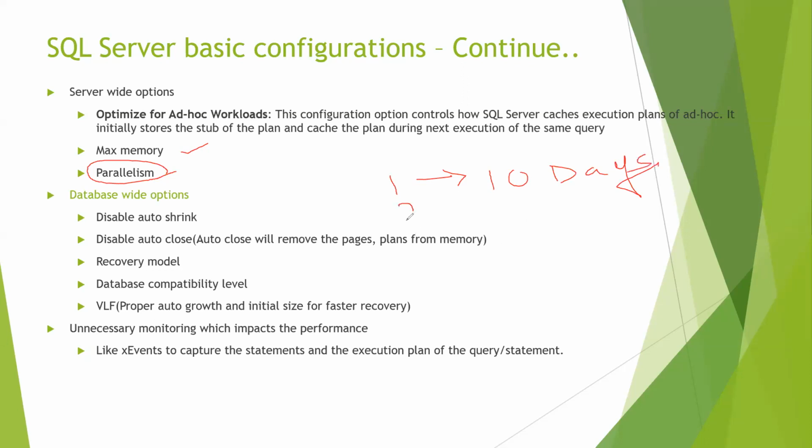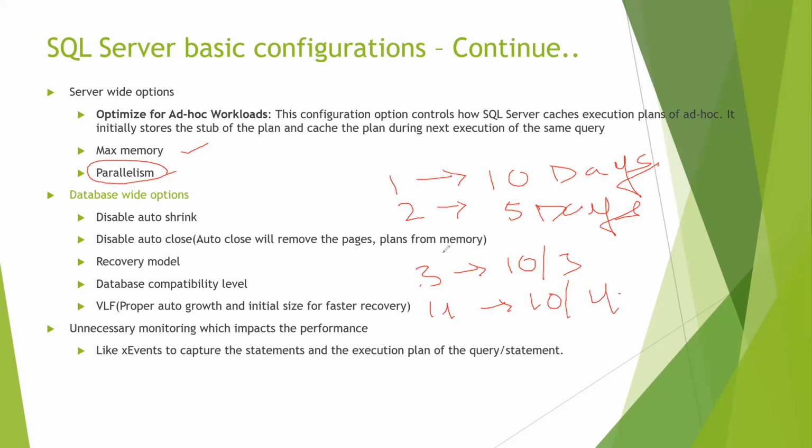Suppose, let's say, if there are two people engaged to construct the house, they can finish the work in 5 days, if they properly work together. The same thing, if it is 3 people, then 10 days divided by 3. If it is 4, 10 days divided by 4.